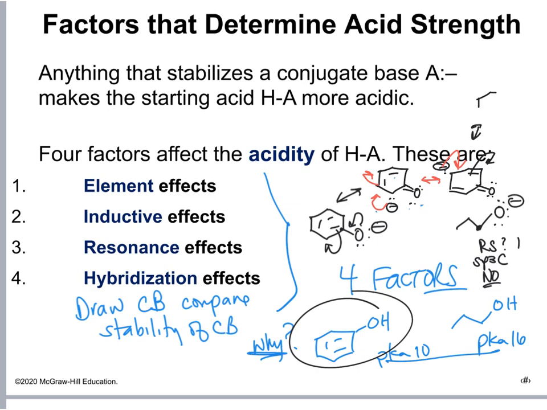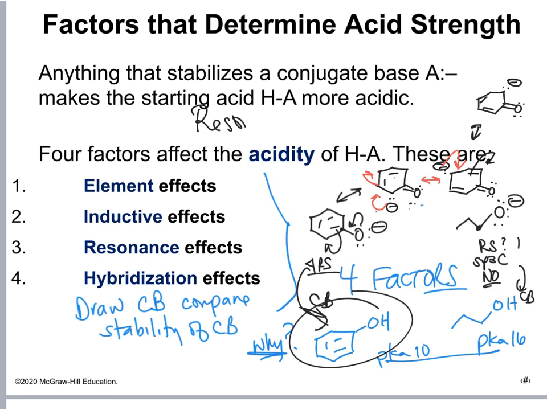So this is another reason why you need to practice drawing your resonance structures. The best thing to do that is to spend some time with your POGIL exercises. There's 4 resonance structures for this one, for the conjugate base. There's only 1 resonance structure for this conjugate base. Which one's more stable?